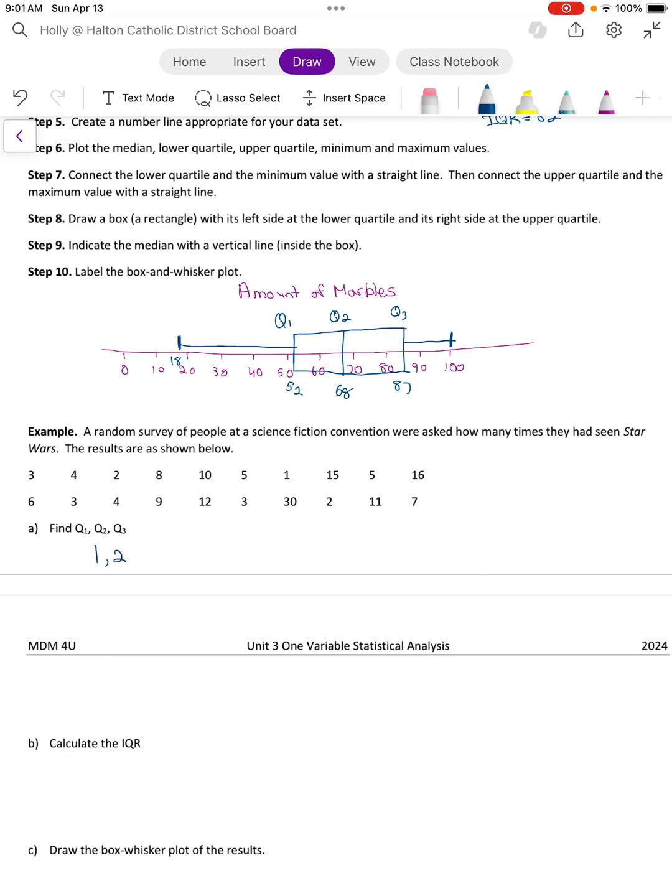1, 2, I'm also going to label the positions, because this is going to help me when I'm finding my Q1, 2, 3.